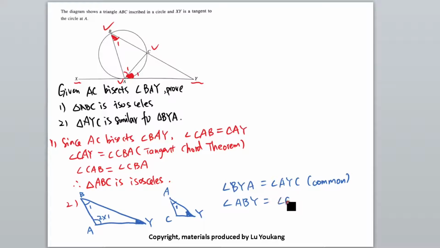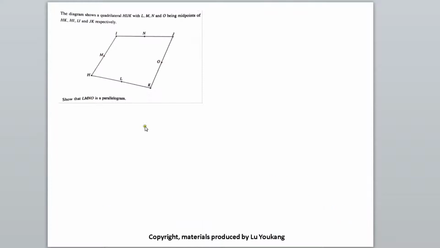And next, my angle ABY is equal to my angle CAY, which we found just now. Therefore, with two angles equal, my triangle AYC is similar to triangle BYA. And that is the end of this question. And I hope you grasp the idea.